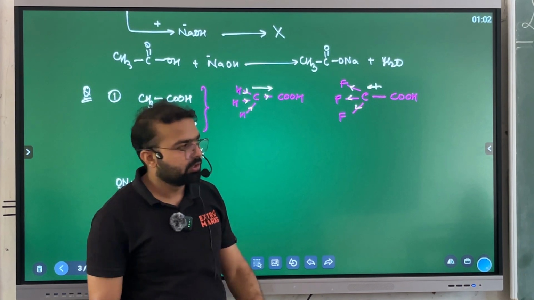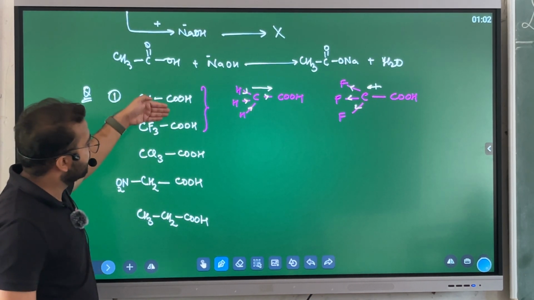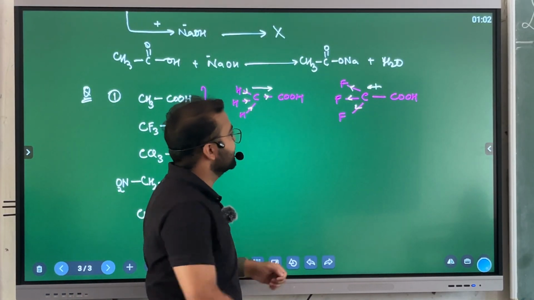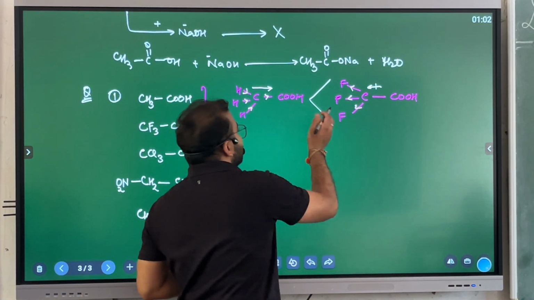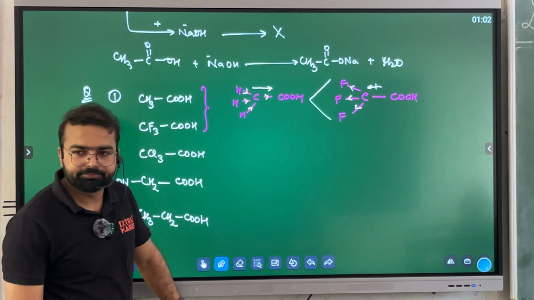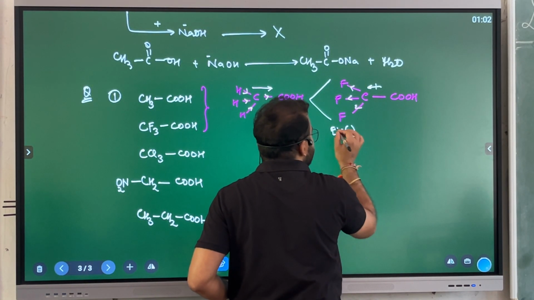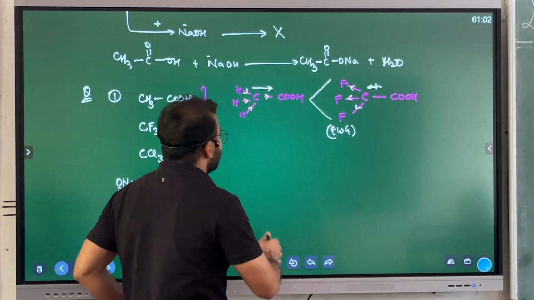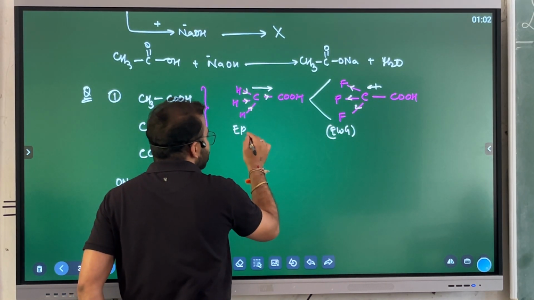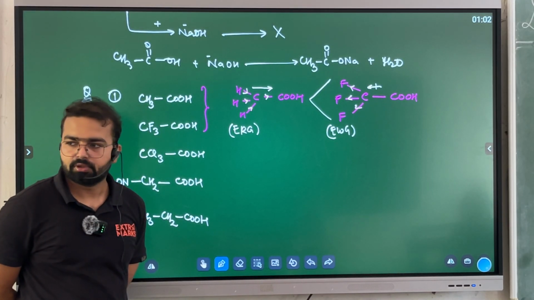Is this clear? So in these two compounds, our winner will be this one, meaning this is more acidic than this one. Am I clear? This is the more electron withdrawing nature. Here the nature of this group is electron releasing. Any doubt?